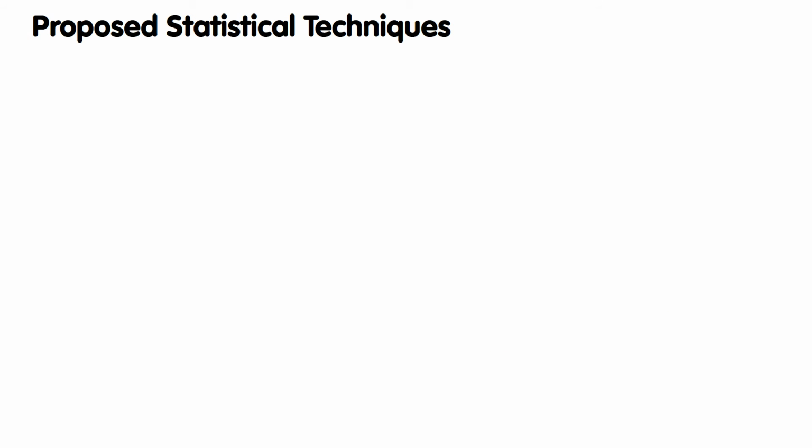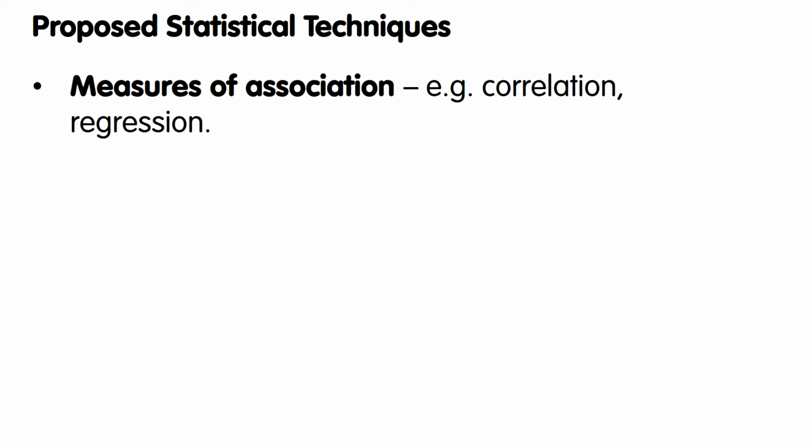So in terms of proposed statistical techniques that I intend to use, I've identified 4 particular areas. The first one is around measures of association. So that's generally looking at the relationship between variables. This is around areas such as correlation, using techniques such as Pearson's and Spearman's rho to look at the association between variables and the strength of that.